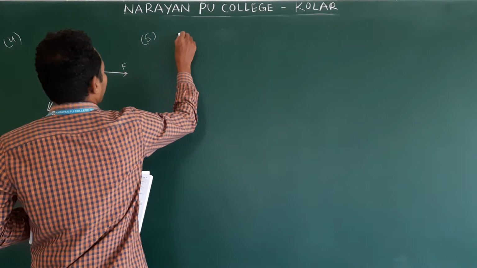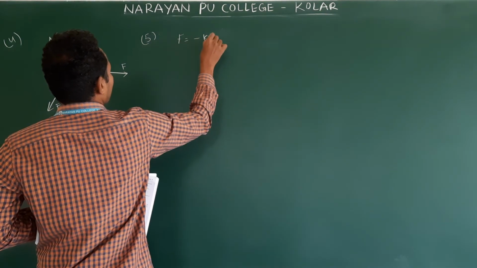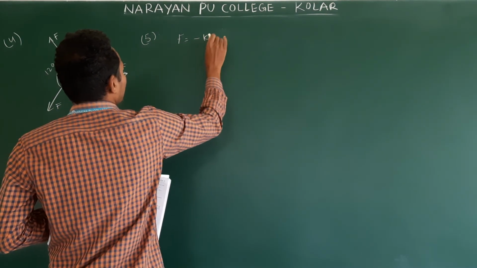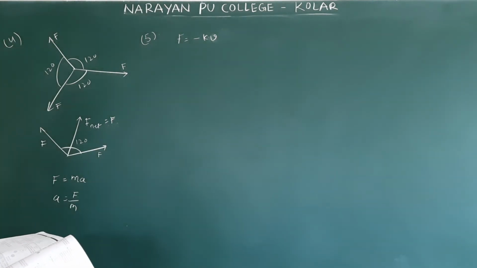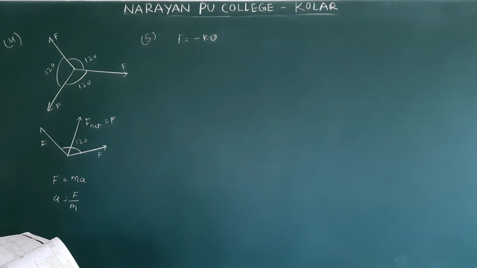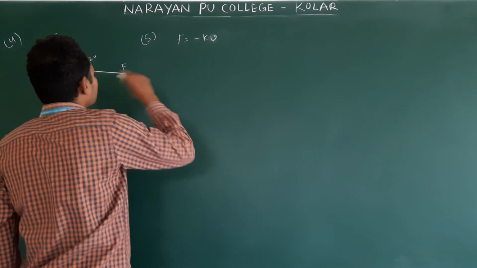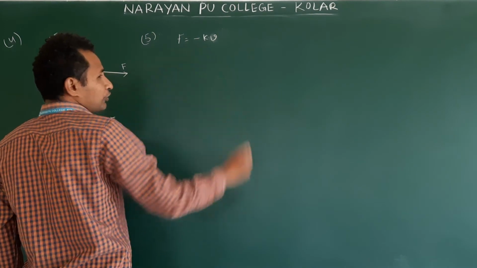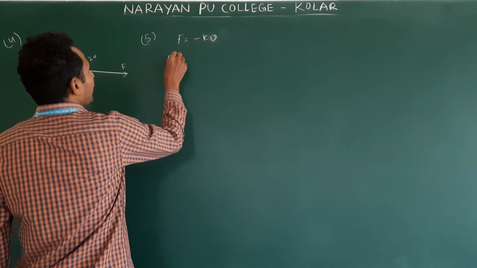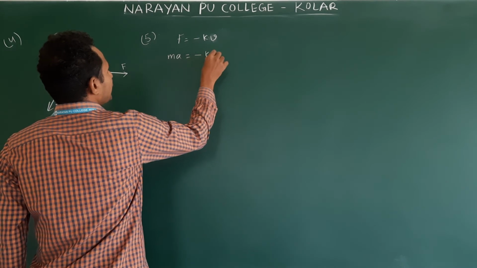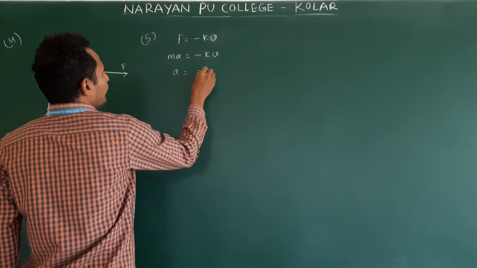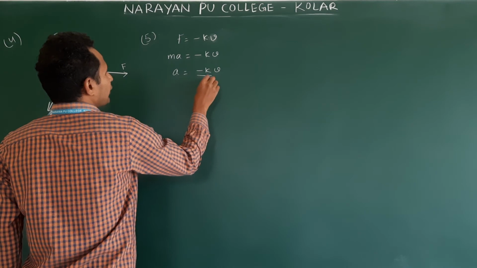Okay, F is given as −kv. So they are asking for the final velocity of the particle at time t. Again, we need to write this equation in velocity form. F we write as ma = −kv, so a = −kv/m.